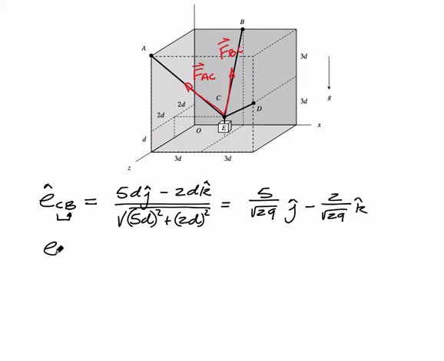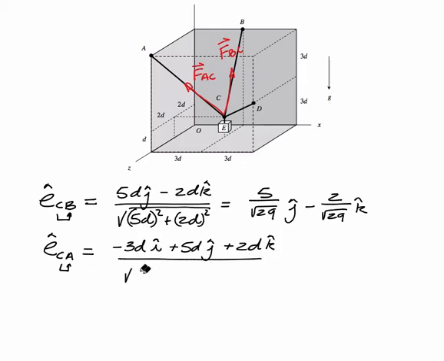The unit vector I'm going to draw there for CA points from C to A. I go the distance from C to A, so in i I'm going minus 3d, in j I'm going positive 5d, and in the z direction I'm going a positive 2d. Again, dividing by the length, that gives a division by the square root of 3d squared plus 5d squared plus 2d squared.